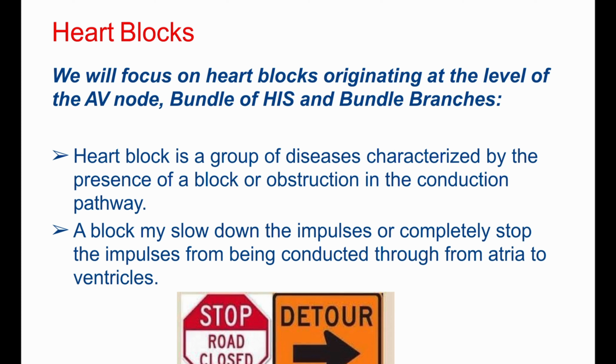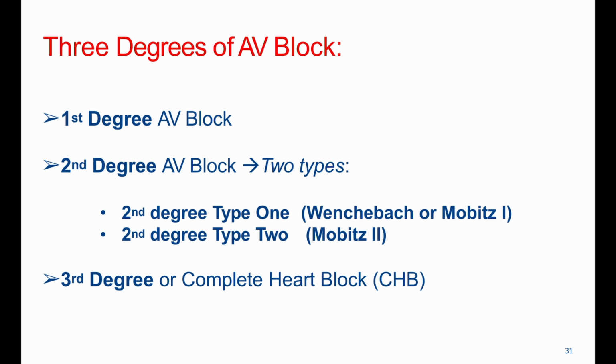Heart block is a group of diseases characterized by the presence of a block or obstruction in the conduction pathway that may slow down the impulse or completely stop the impulse from being conducted from the atria to the ventricles. The types of AV blocks are first degree AV block and second degree AV block.